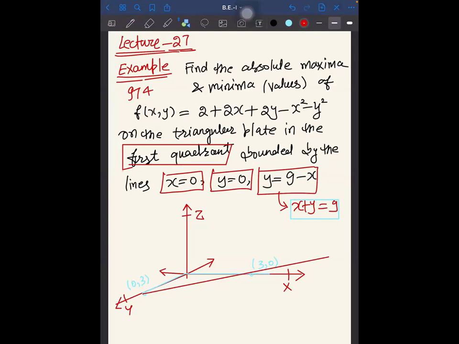Sorry, thanks for the correction, it should be 9, 0 and 0, 9. So our line would be like this, from 9, 0 to 0, 9. This triangular region is our region of analysis.